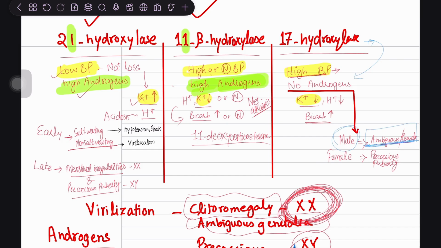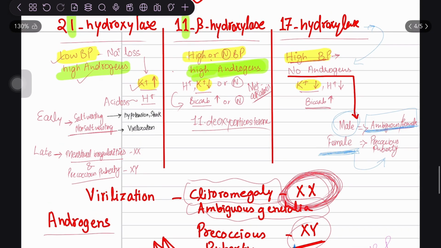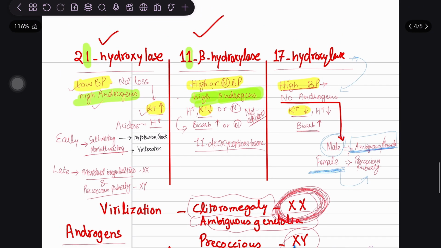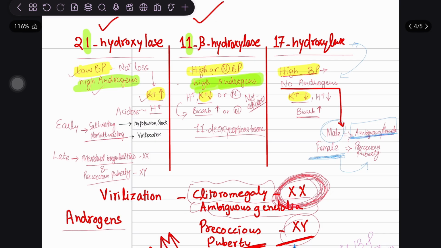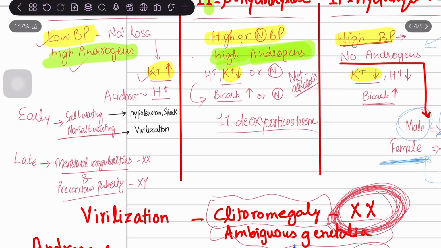So a male undergoes ambiguous genitalia because it doesn't have androgens. Does it make sense? Now female: in female, it is about delayed puberty, so it is kind of inverted. You are getting this, I'm sure. Just screenshot this, you've got this.